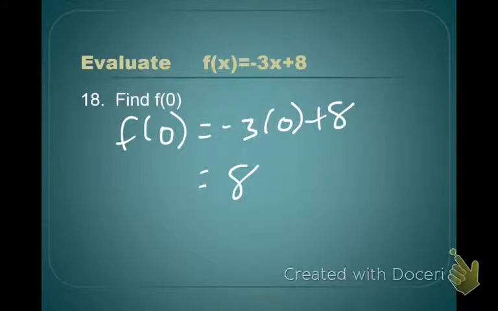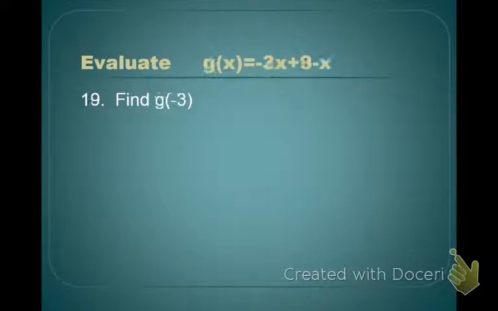All right? Now, then you have another function at the top, g. G of x is negative 2x plus 9 minus x. You want to evaluate for g at negative 3. No problem. Right? We're just going to plug in negative 3 everywhere you see an x.